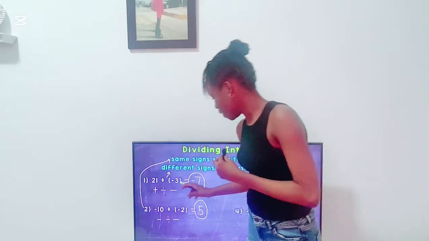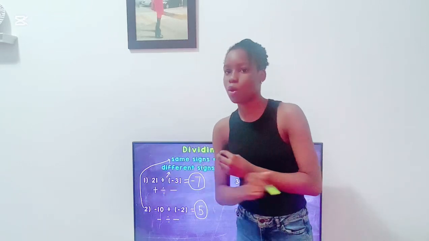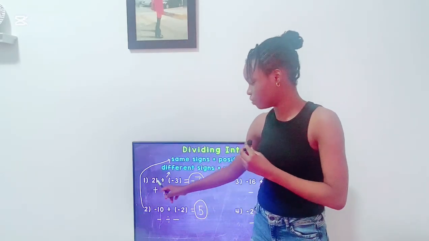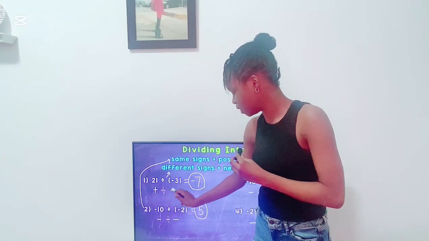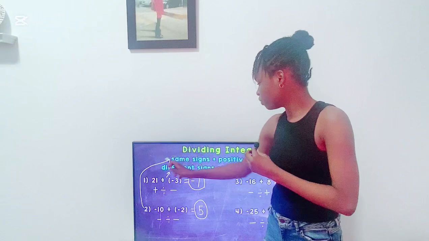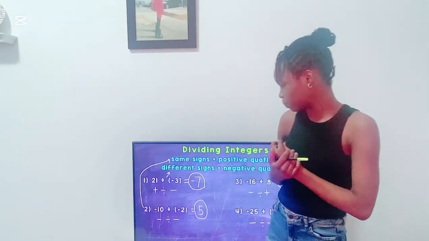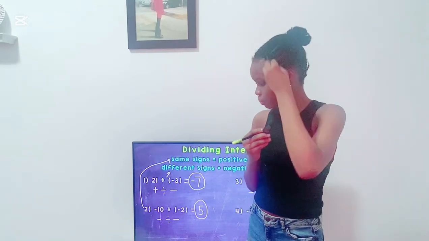Instead of saying minus, we say -3, and this 21 on its own means a positive. So as you can see, we already have different signs: a positive divided by a negative. I remember, different signs equals a negative result or product. Let's solve this and see what product we get.